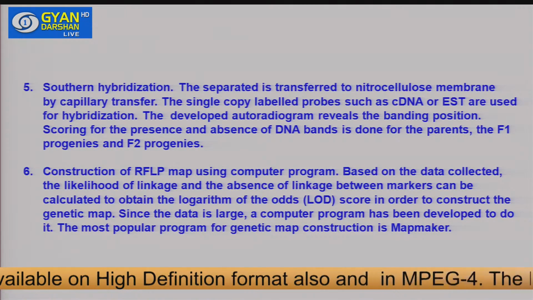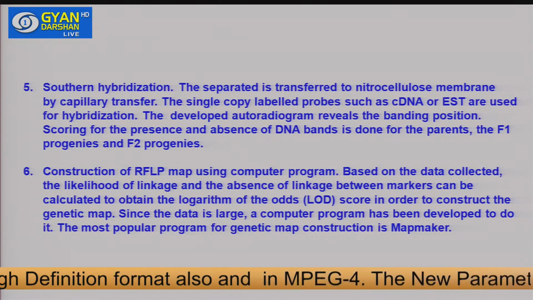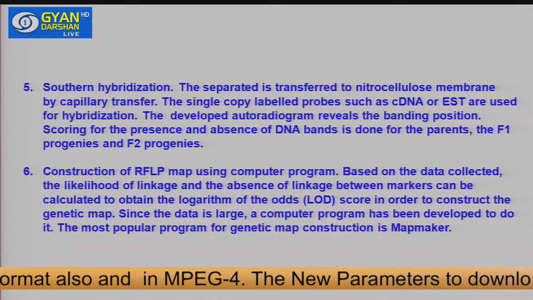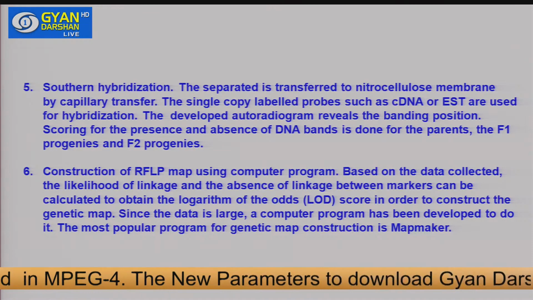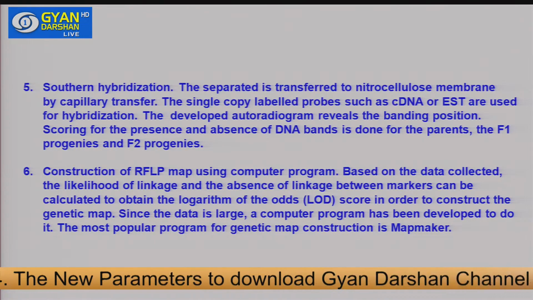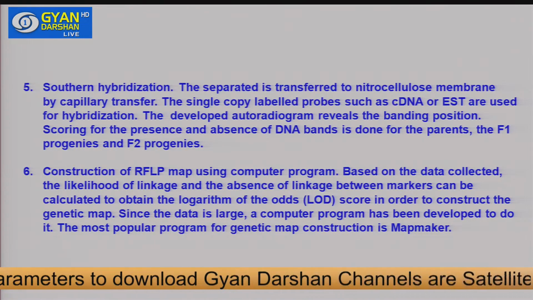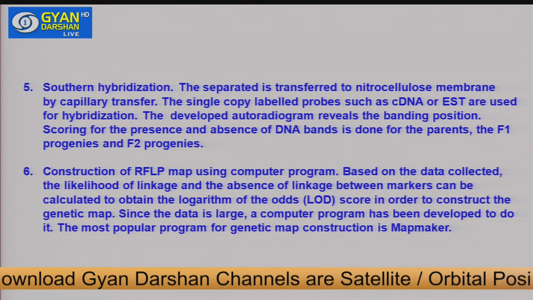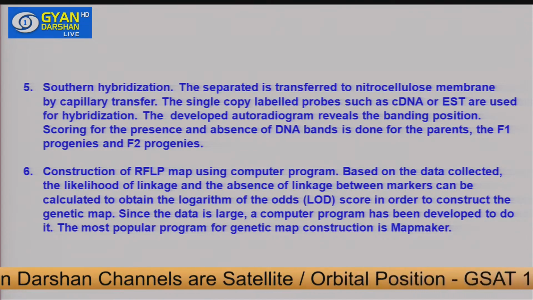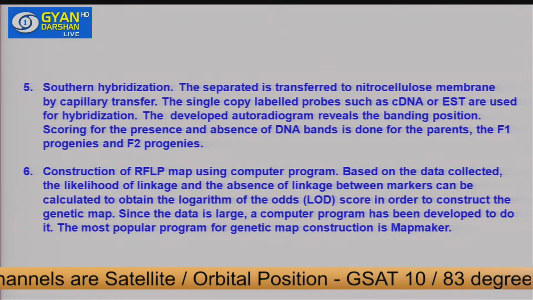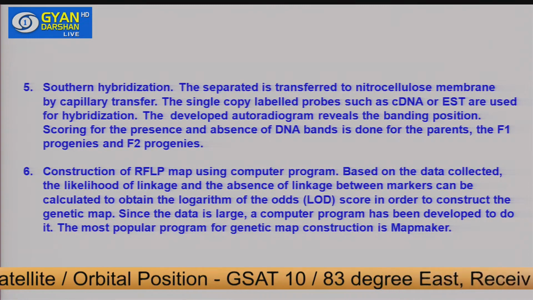Since the data is large, a computer program has been developed to do it, and the most popular program for genetic map construction is termed MapMaker. So using several statistical tools and computer software, you can construct a RFLP map, that is restriction fragment length polymorphism map.